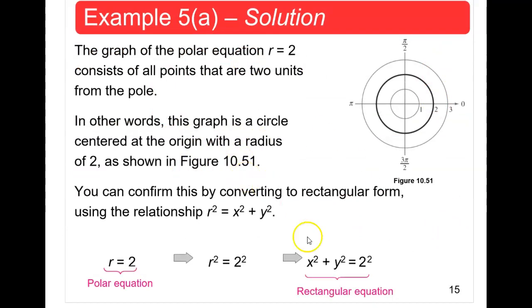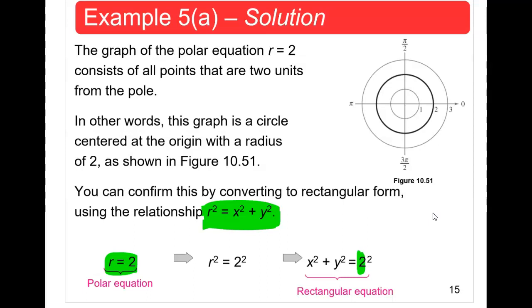So here you have to use some imagination. And remember that the equation of a circle in rectangular form is r squared equals x squared plus y squared. And so if we were to just substitute r equals 2 into the equation, like you can see here, instead of r, we're just putting a 2, but keep in mind that it's still squared.